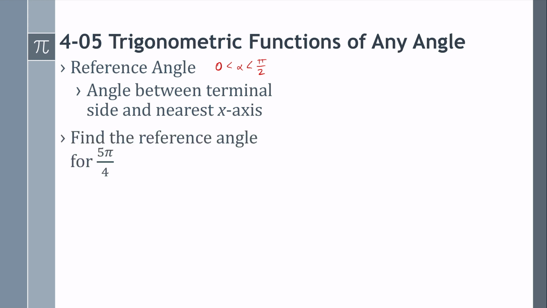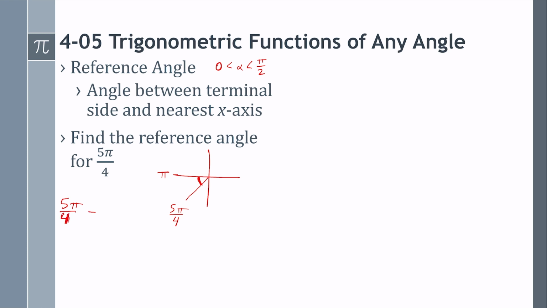Let's find the reference angle for 5 pi over 4. So here's 5 pi over 4. The reference angle goes to the nearest x-axis, so right there. Well, that angle on the left side of the x-axis is pi. So to find the reference angle, we just need to subtract.